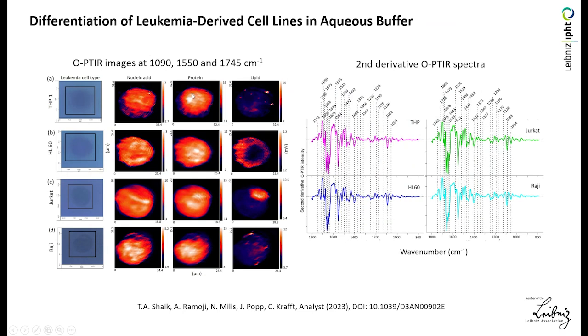At 1550, the amide-2 band probes protein distribution, and the band at 1745 was used to determine the lipid distribution. The lipid channel is particularly interesting because there are cell-specific variations. And in the future, we would also like to use this information to improve the cell differentiation.